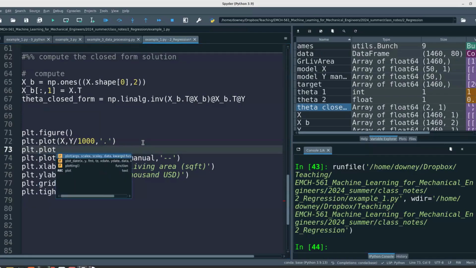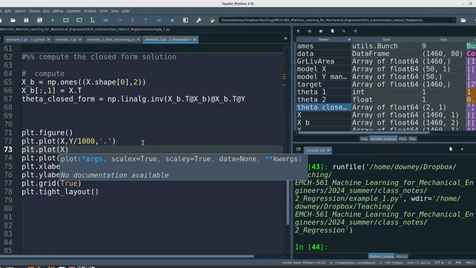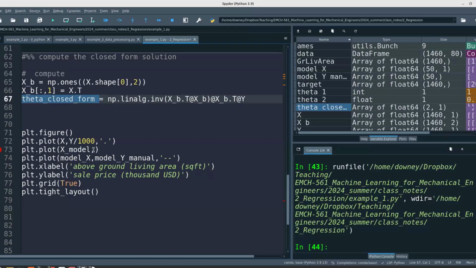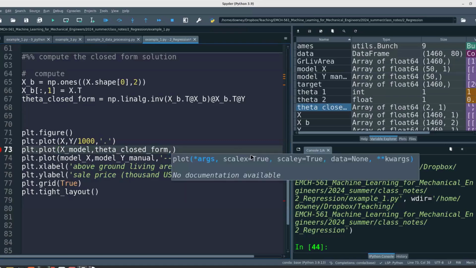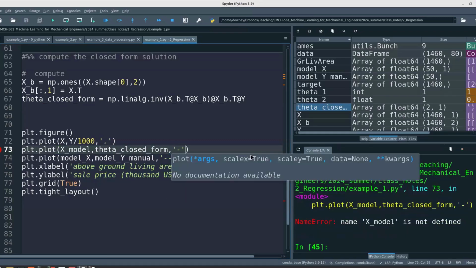plt.plot x underscore model, theta closed form, comma, do that marker.